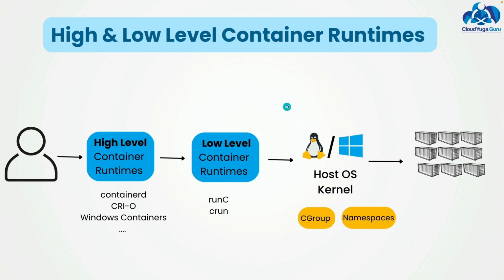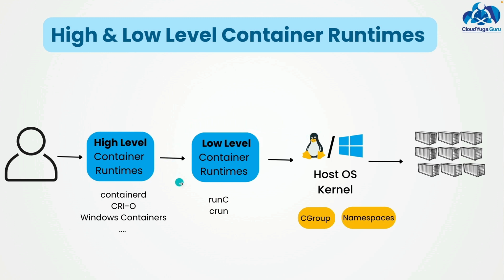Now there are different categories or different types of runtimes we have. Like in this case, we have listed high and low level runtimes here. So high level runtimes communicate with the low level runtimes to create the containers.